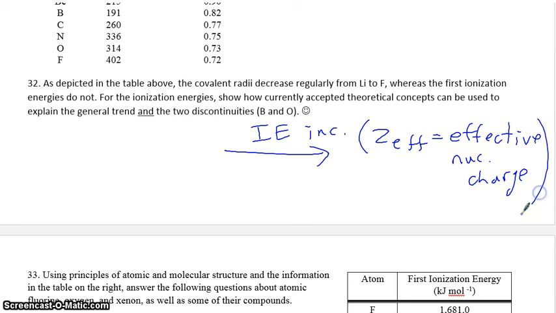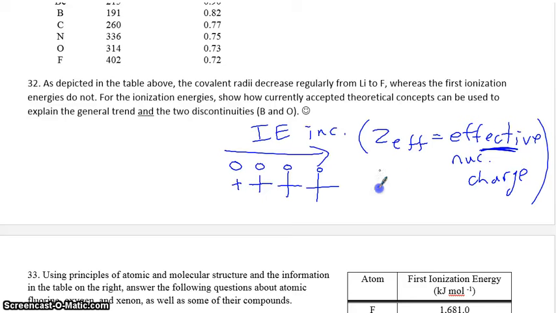So you always want to use this term, effective nuclear charge. That's how ionization energy increases. In other words, the number of protons increases as you go toward the right. The number of electrons increase, but they're added to the same shell, so the atoms get smaller and smaller. So effective nuclear charge is what explains it.